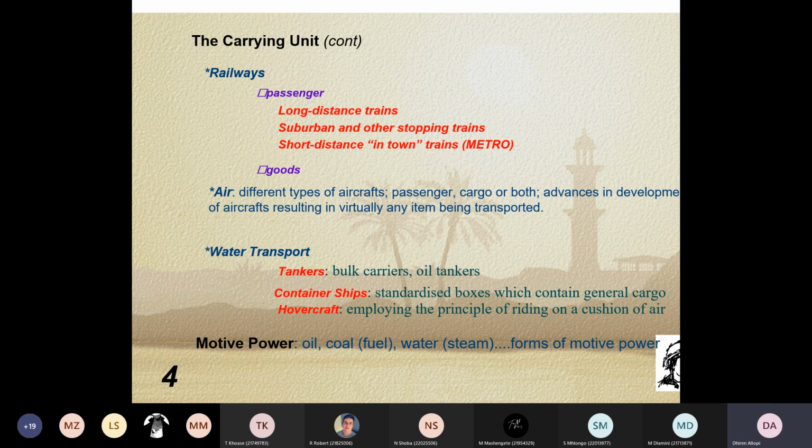So the next time you're traveling along the coast, look out at sea or around the harbor area, and you can associate with these containers, these standardized boxes on your cargo ships. So to give power to these various units, there are various ways: coal, oil, coal in terms of fuel, water in terms of steam. So there are various forms of motive power.